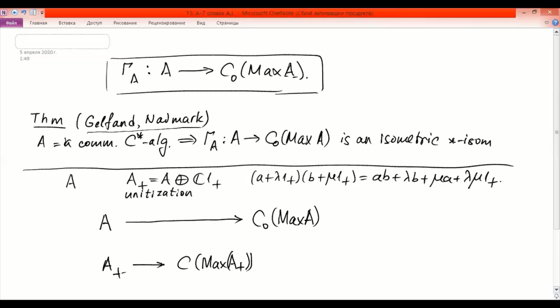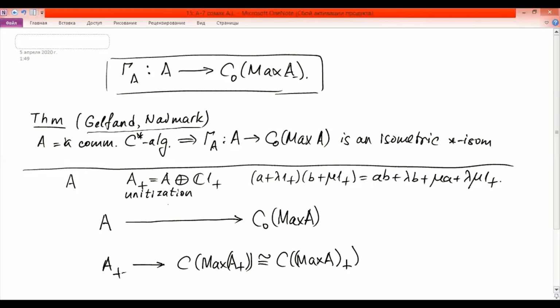Well, it can be deduced from the above discussion that the maximal spectrum of A plus is homeomorphic to the one-point compactification of the maximal spectrum of A. So here, plus means the one-point compactification.